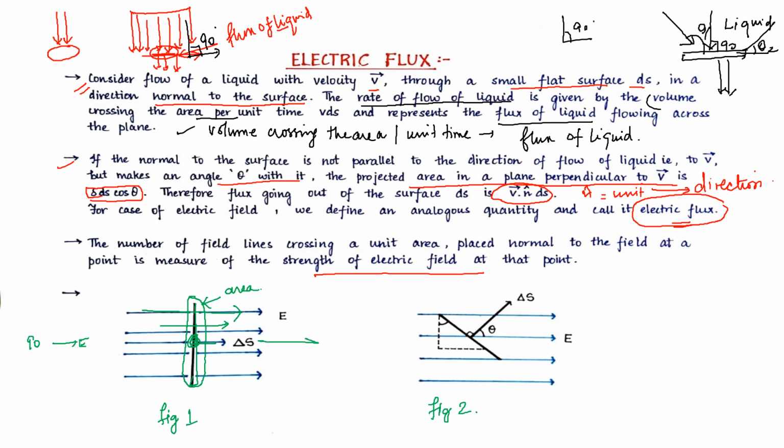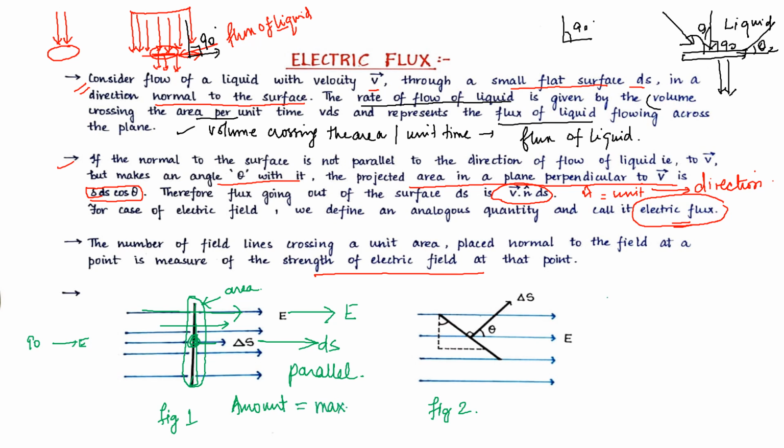See, del S is going in this direction, the electric field is going in the same direction. So they are parallel to each other. So in this case, the amount of electric field lines passing is maximum.